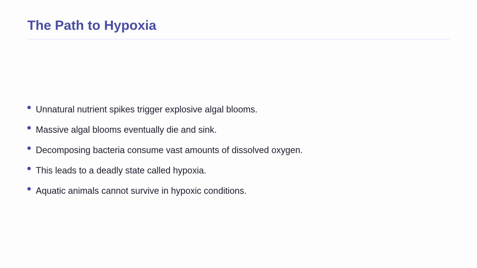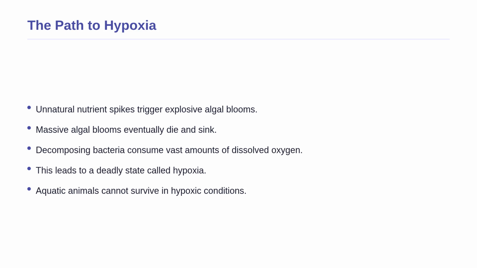Understanding the definition leads us to the actual biological mechanism. When that unnatural spike in nutrients hits the water, it triggers an explosive, uncontrolled growth of algae, which we call an algal bloom. But the algae do not live forever. When these massive blooms eventually die, they sink to the bottom of the lake.